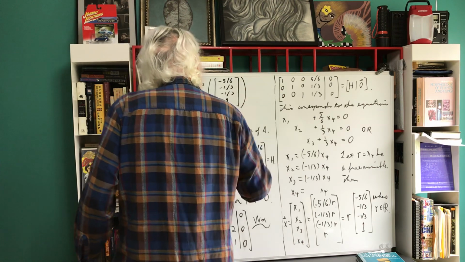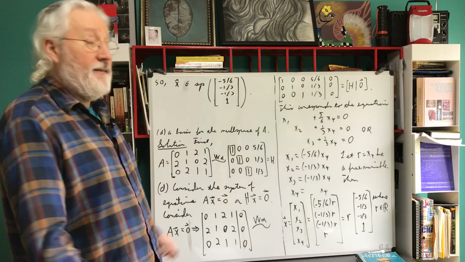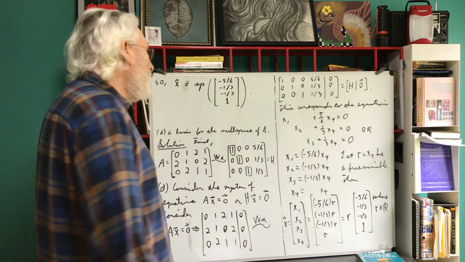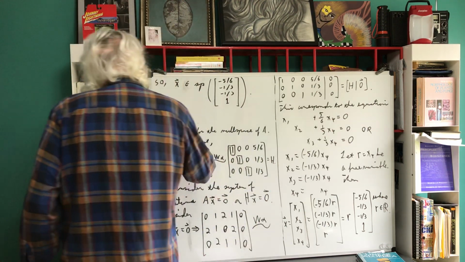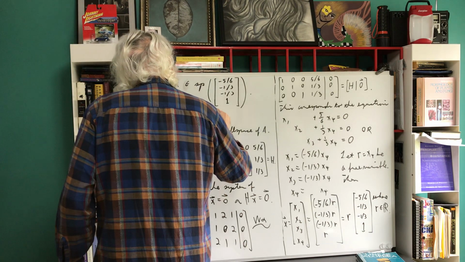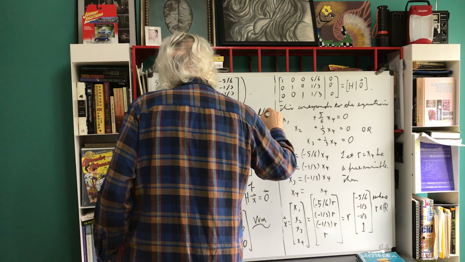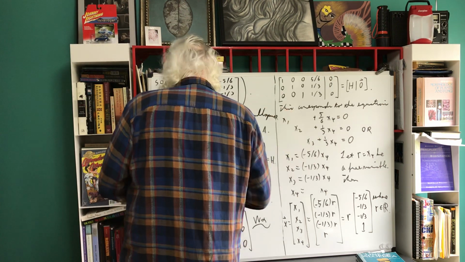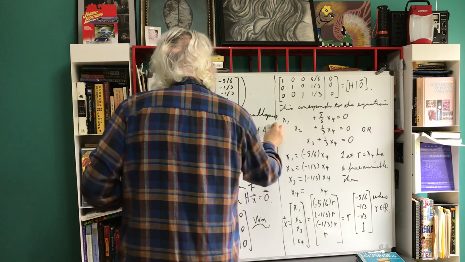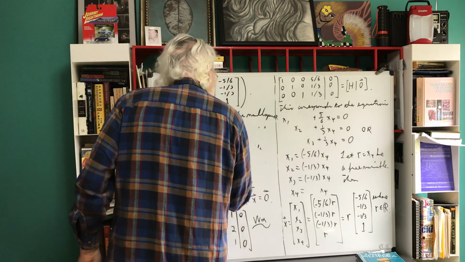A basis is a linearly independent spanning set. This is certainly a spanning set. Got to be linearly independent, eh? There's only one vector in it. And hence, a basis for the null space of A is just that single vector.